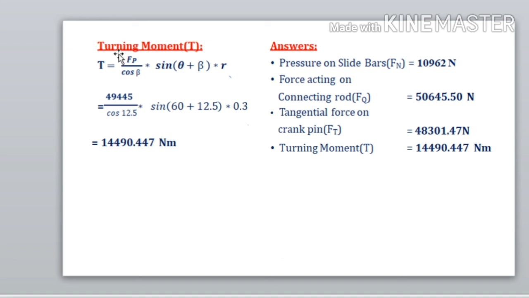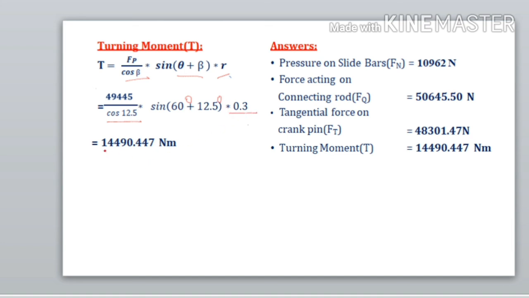Now we will find the turning moment. So what is the turning moment here? We know the formula T equal to Fp upon cos beta multiplied by sin theta plus beta multiplied by r, and value of Fp equal to 49445 divided by cos 12.5 multiplied by sin 60 degree plus 12.5 degree multiplied by 0.3.